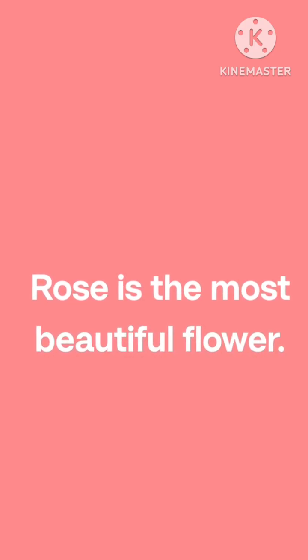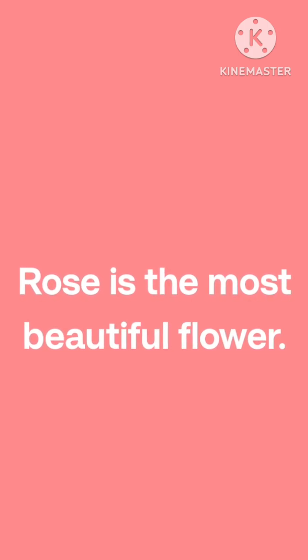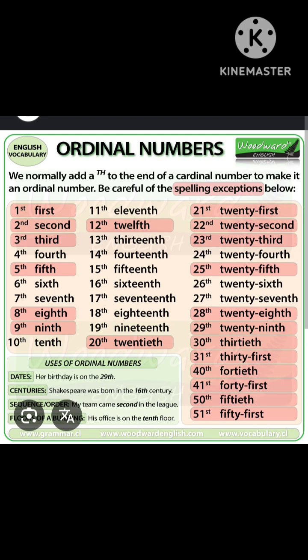Next, before religious groups and the people of a nation: the Hindus, the Indians, the Muslims, the Christians. The next one, with ordinals. Ordinals are words that express position or rank in a sequence. They are used to indicate the order or position of something, for example the first, the second, the third.